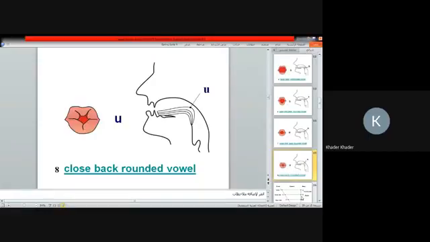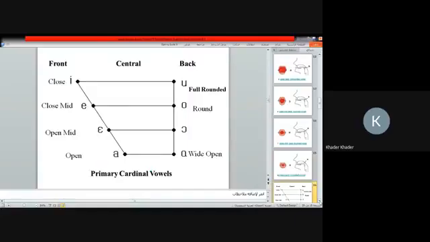Fine. So this is the cardinal vowel system which we are going to follow. Not exactly follow, but we will take it because it's useful to us, and we are interested in the primary cardinal vowels.